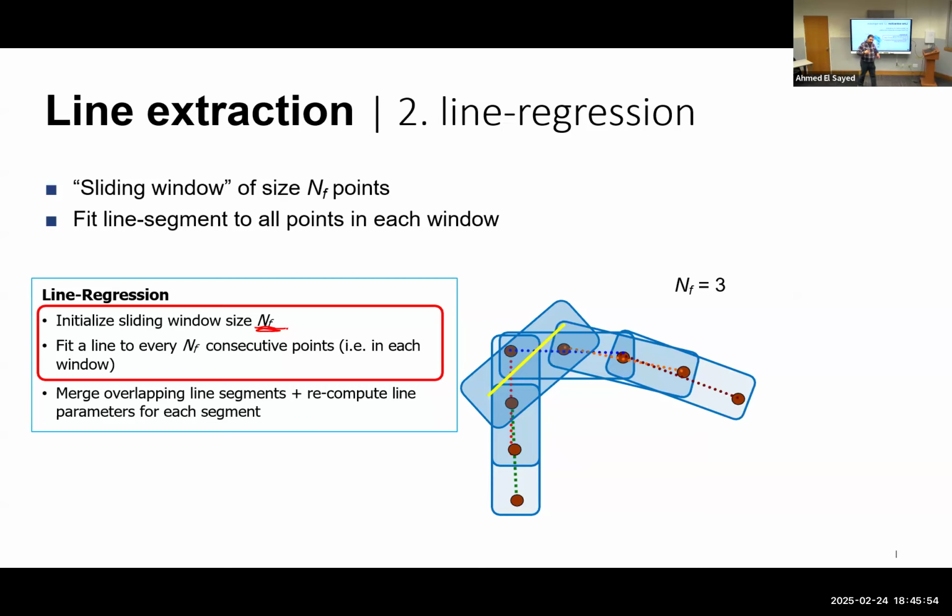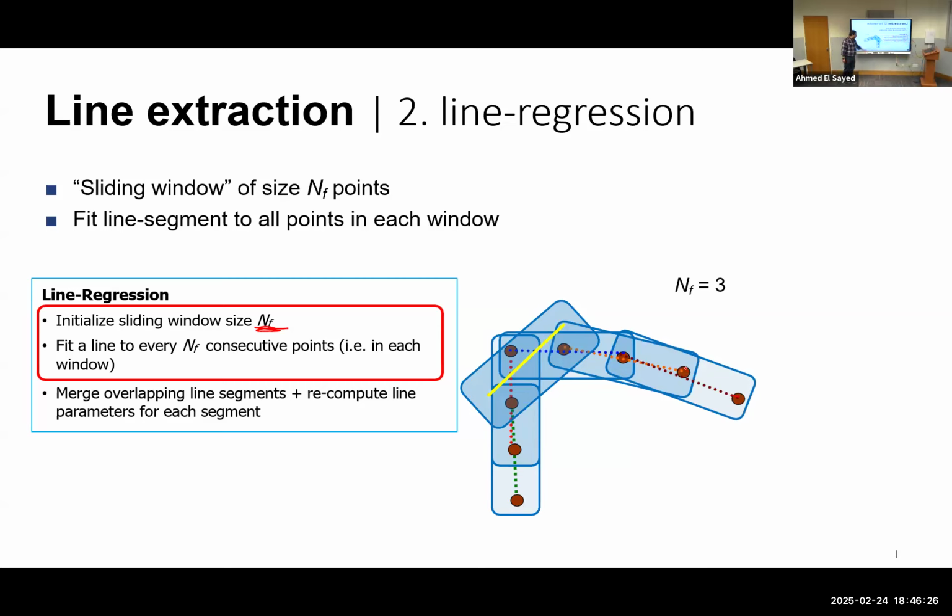If this line passes through the 3 points, it's perfect. That's exactly what I want. If it doesn't pass through all 3, then it should pass through 2 of them with the minimum error with the 3rd. Like here, this, and this. Those 3 points, are they collected on the same line? No. This one is away a little bit, but I'm trying to find either this and this, or this with the minimum error as much as we can.